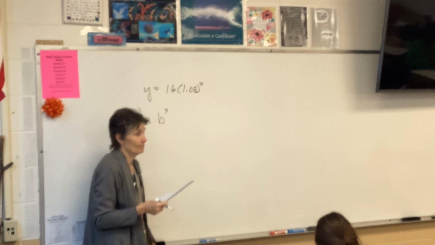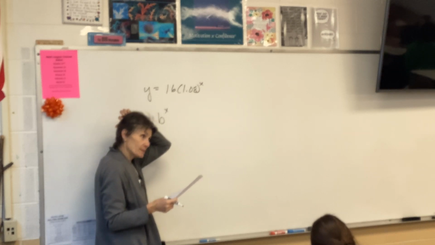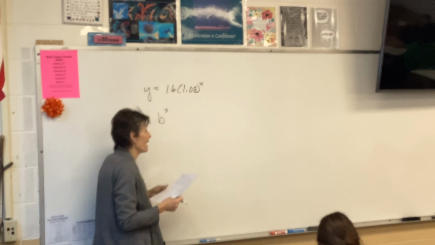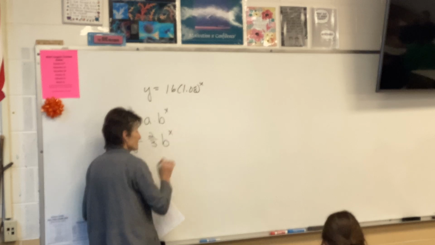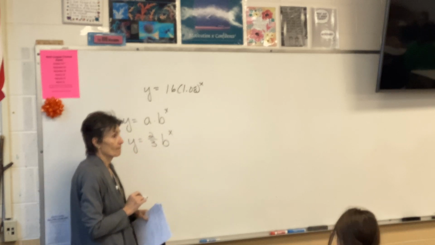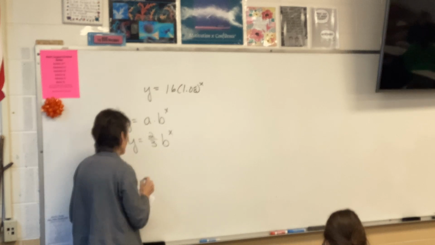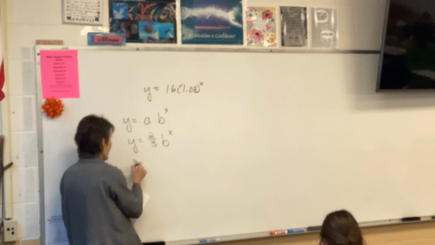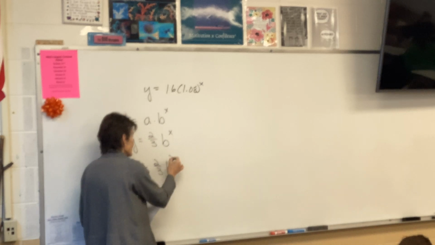Plug in what? 2/3 into a. 2/3 is a. That's the initial value. So y equals 2/3 b to the x. And then plug in the other one. So 3/2 equals 2/3 b to the second.